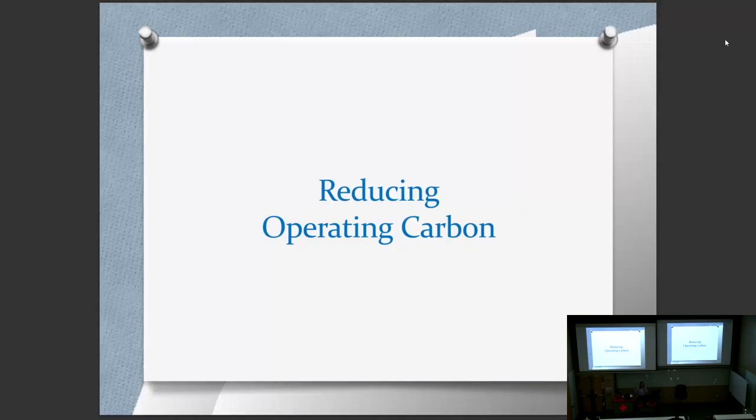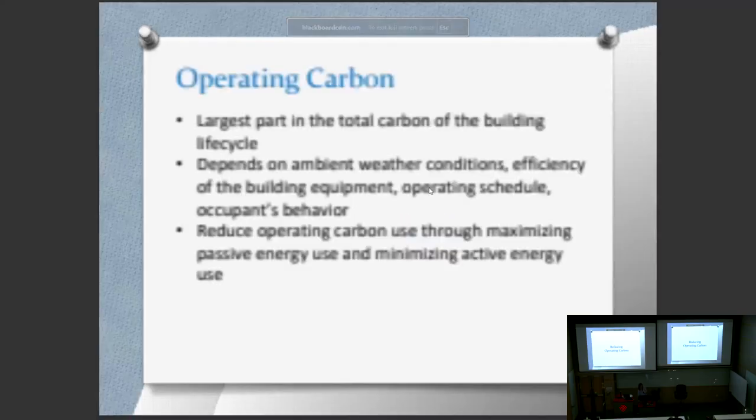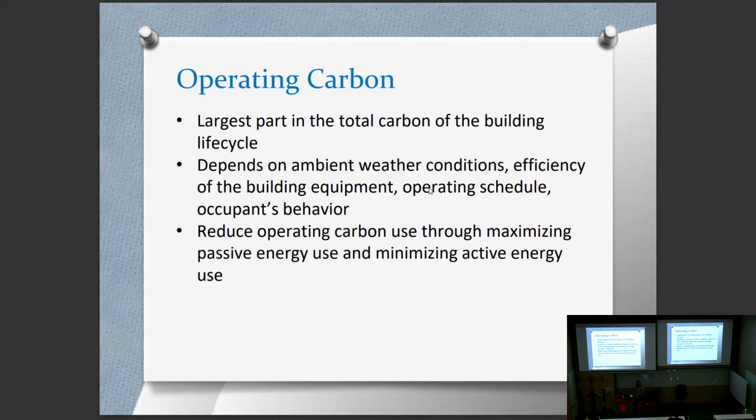And it will be due to all the building services systems, like the air conditioning, the lighting, and every kind of electrical or energy consuming equipment. So the operating carbon is actually the largest part in the total carbon of the building life cycle. If you still remember what we have learned in the lecture last week, the operating carbon is around half of the whole carbon footprint.